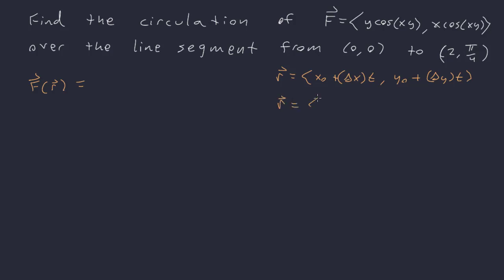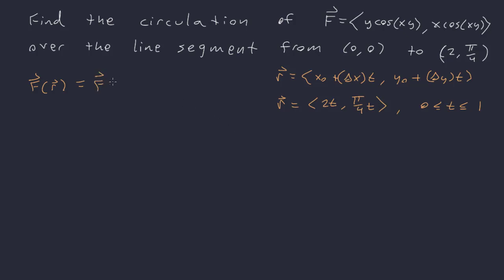And t will go from 0 to 1. Thankfully our x naught and y naught are both 0, so it's really just how much we moved from 0, 0 to 2, comma pi over 4. So it's going to be 2t, comma pi over 4 t, and t is going to range from 0 to 1.